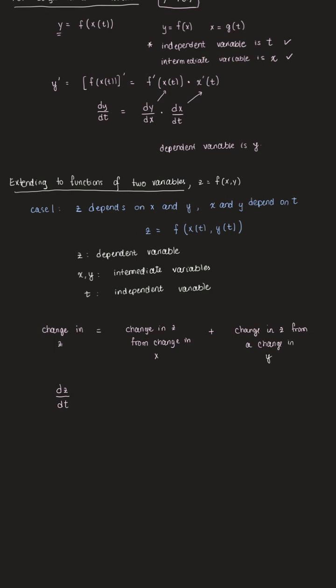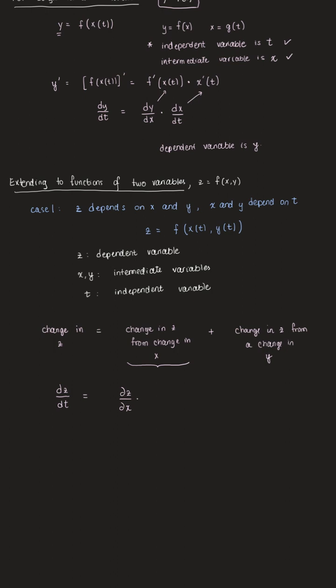Now recall that both x and y depend on t. So first, let's try to write down mathematically what these changes look like. Because the change in z comes from two intermediary variables, we're going to use the chain rule here to find the change in z from a change in x. So first, the change in z that's coming from x has to be a partial derivative because the change in z also comes from a change in y.